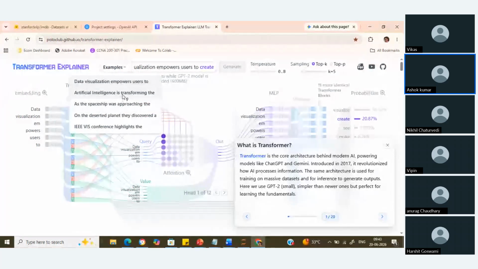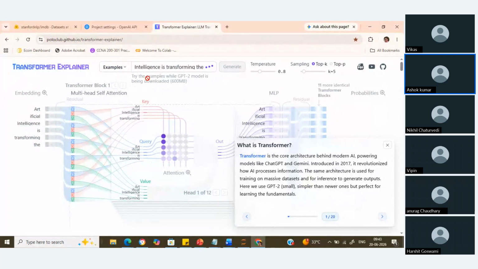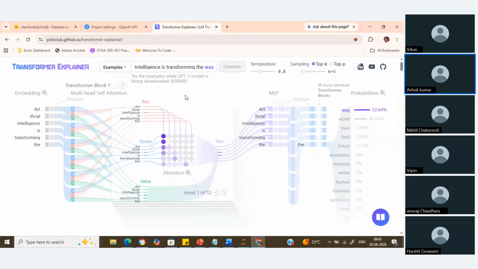I can take this example: artificial intelligence is transforming the, or you can take it this way, Narendra Modi is the Prime Minister of space.